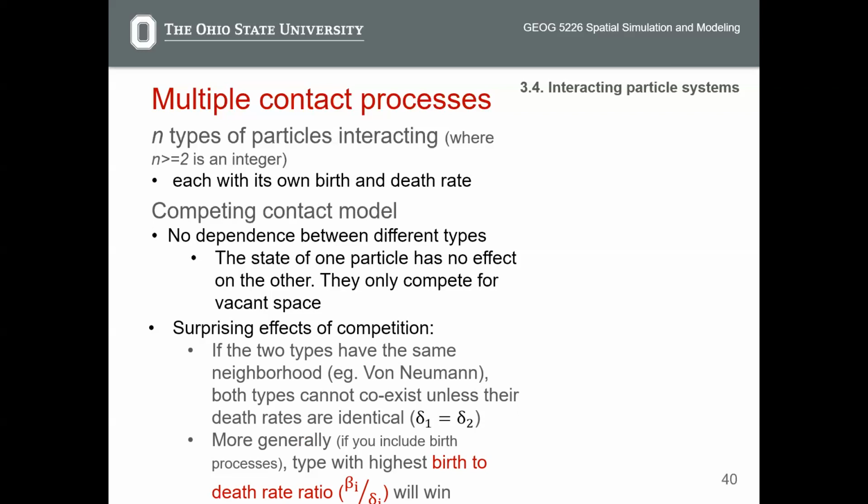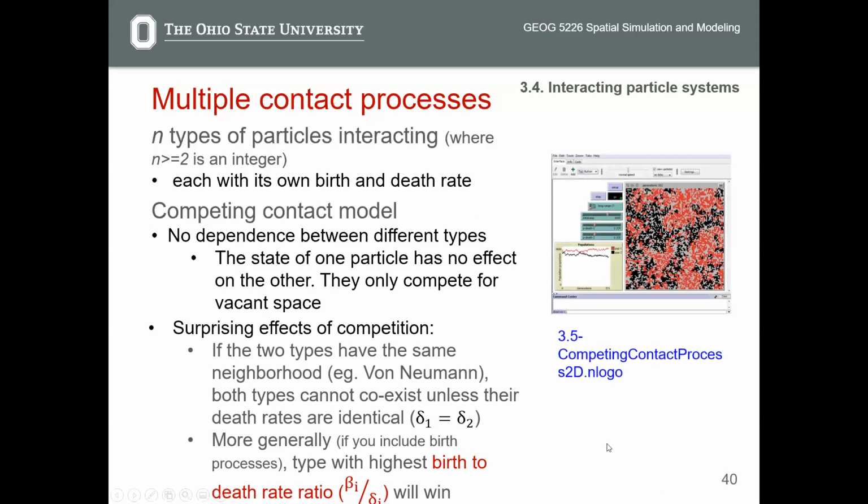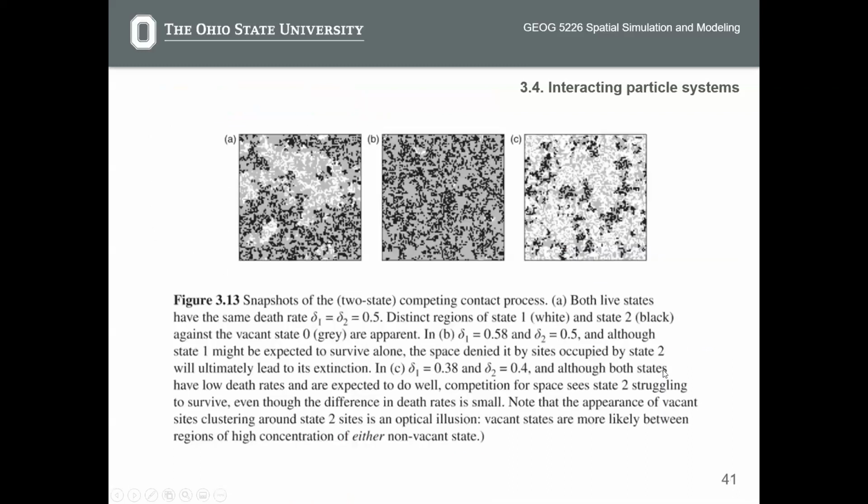Okay, if there are two particles or even more particles, the one with the highest birth to death rate ratio will win. Okay, and here is the model you can play with in NetLogo. It's model 3.5. And here are some examples.